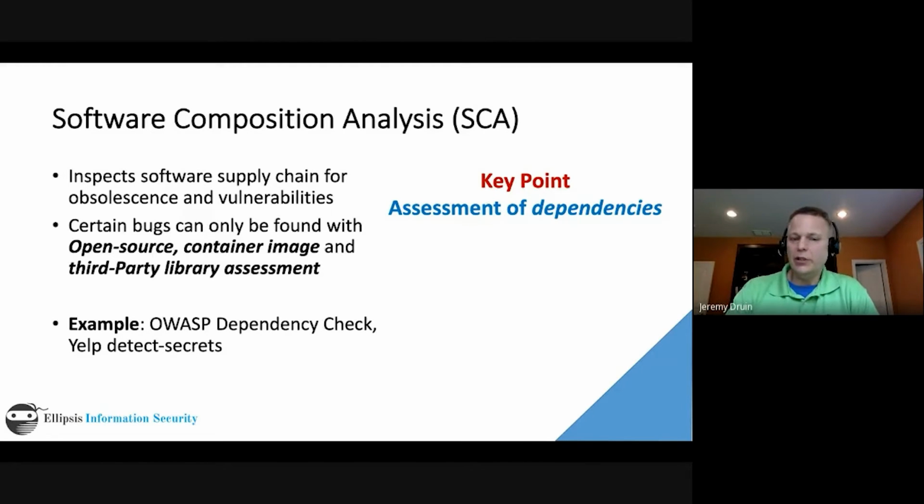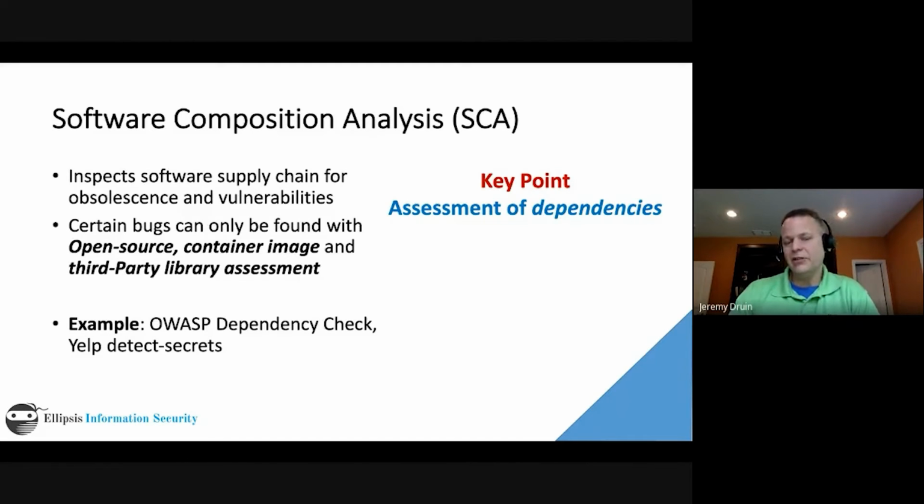Some examples of this would be OWASP Dependency-Check, which works well, and Yelp detect-secrets. So Dependency-Check is going to look at all your dependencies and make a list and do those checks like I just explained, checking the version, checking the problems with each version, and suggesting to you if you need a newer version.